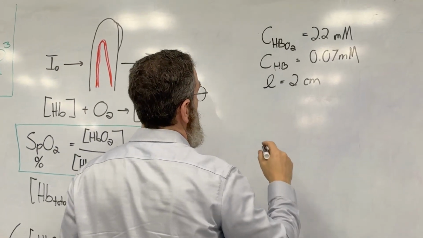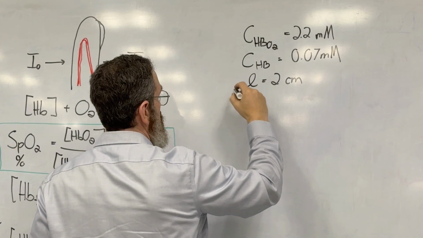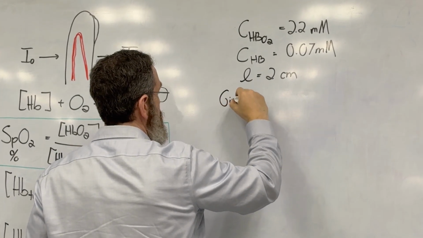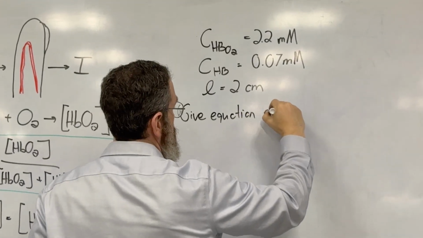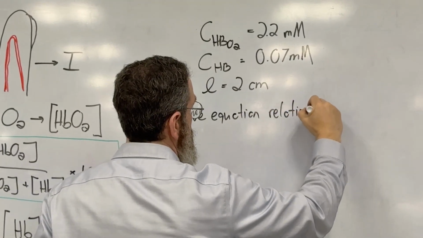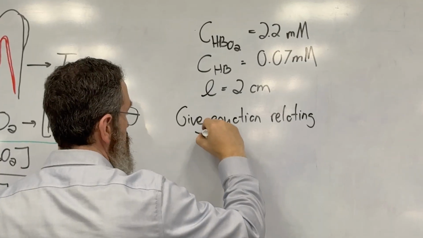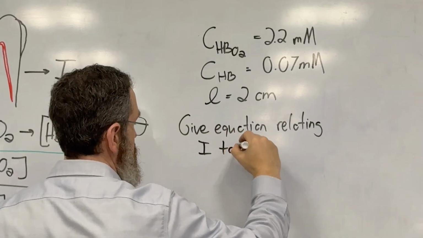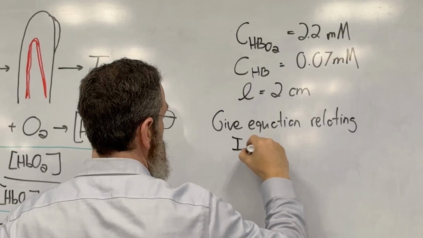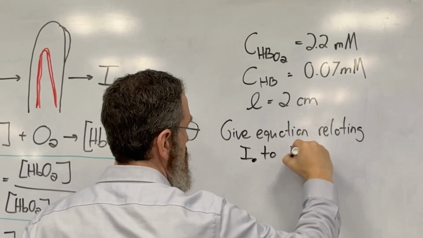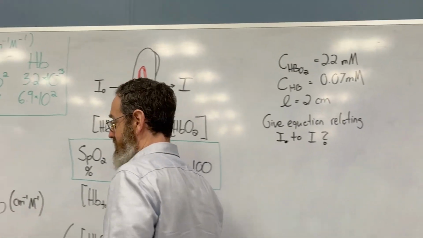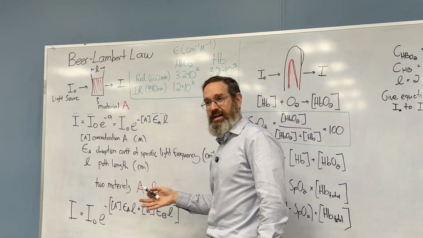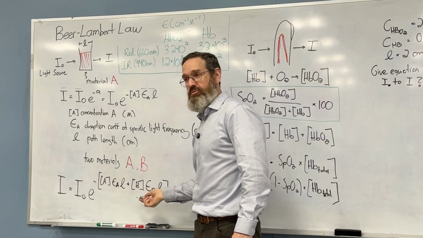I want you to give me the equation relating I, which is the light in, I0, which is the light in, to I. I'm essentially just asking you, to rewrite this equation with the appropriate things.